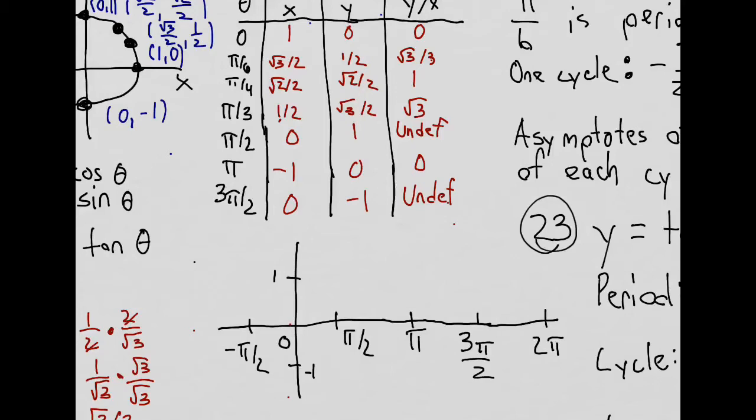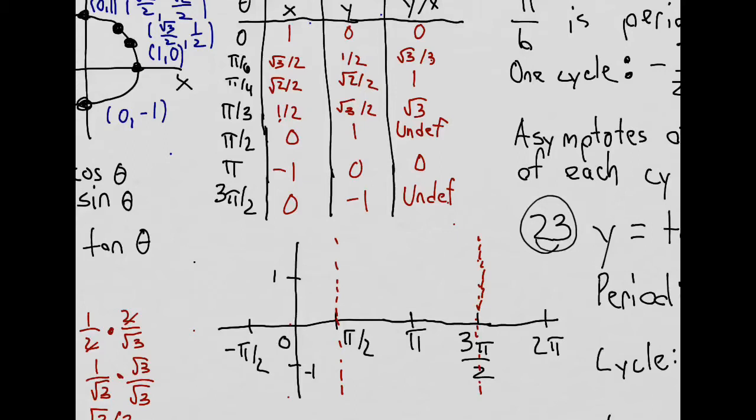Notice I have an undefined value at pi over 2 and at 3 pi over 2. So I'm going to put in dashed lines to indicate that is an asymptote. These are vertical asymptotes that exist, undefined values. Now the other ones, I'm just going to plot points a little bit just to give you the general idea of where the shape is coming from.